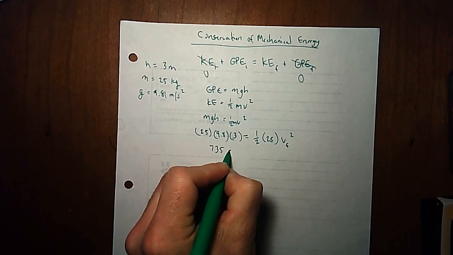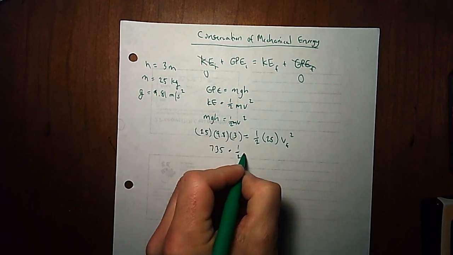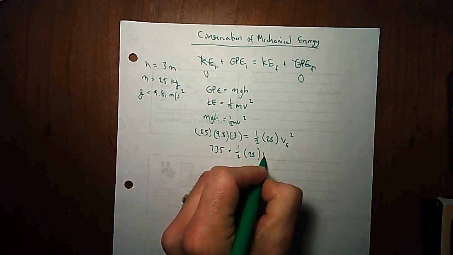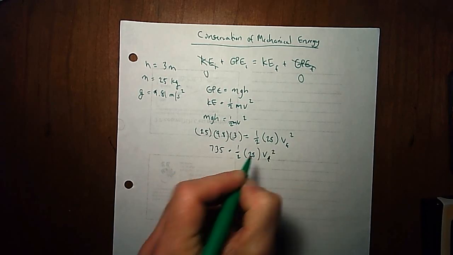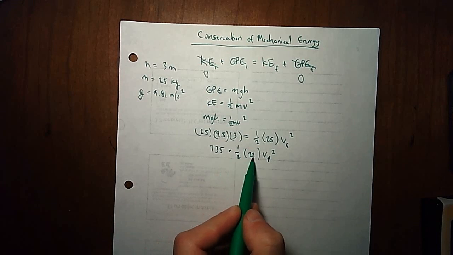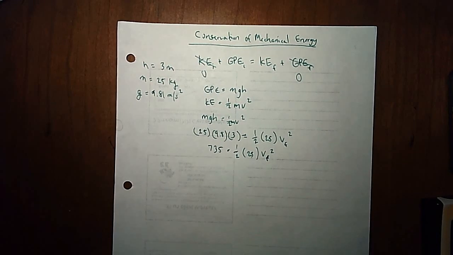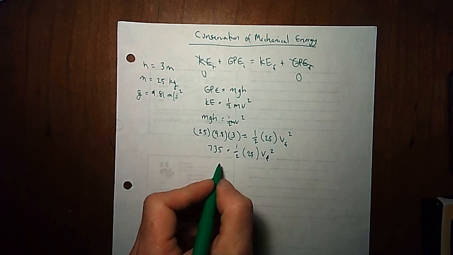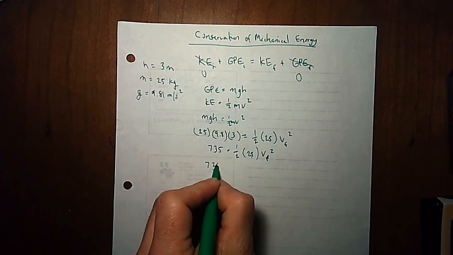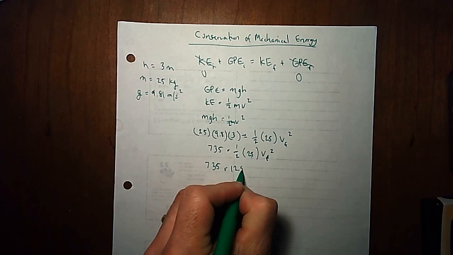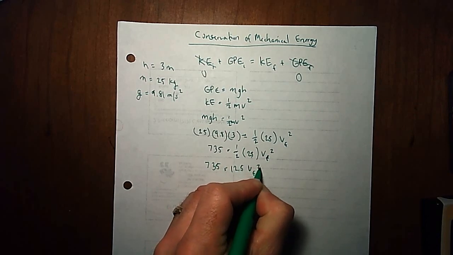So 735 is equal to 1/2 25 VF squared. 1/2 of 25, I believe it's 12.5, but let me just double check that. Yep. So 735 is equal to 12.5 VF squared.